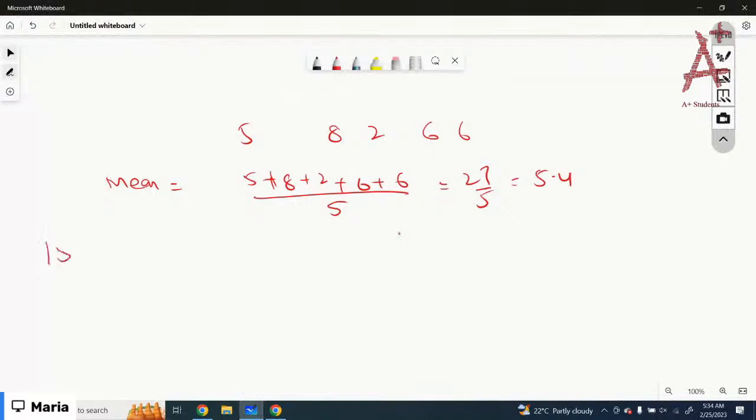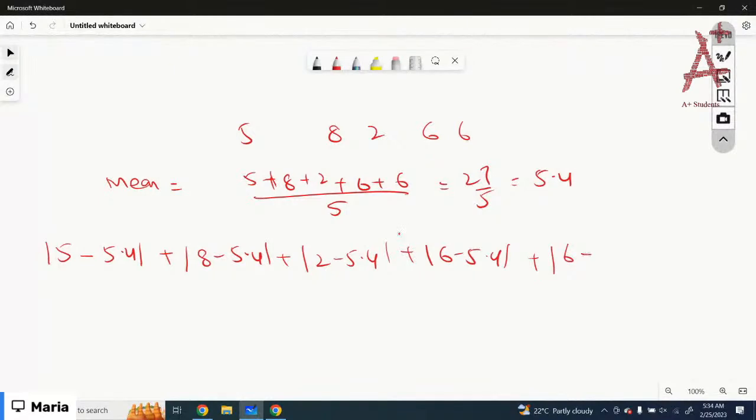You have to subtract each given data value from the mean and take the absolute value. 5 minus 5.4, plus 8 minus 5.4, plus 2 minus 5.4, plus 6 minus 5.4, and plus 6 minus 5.4. Got it?